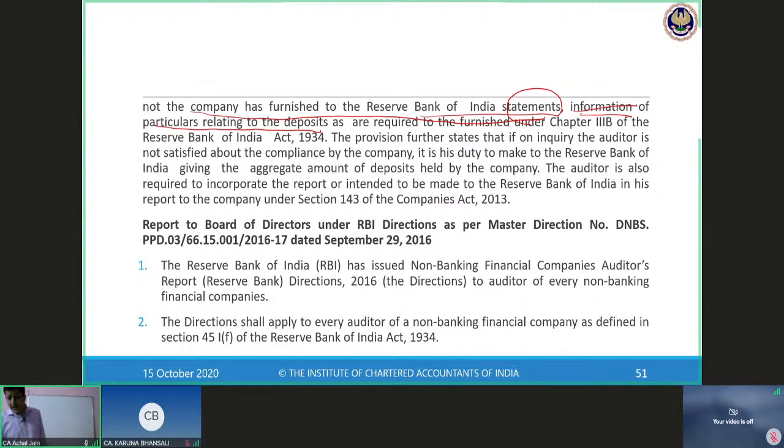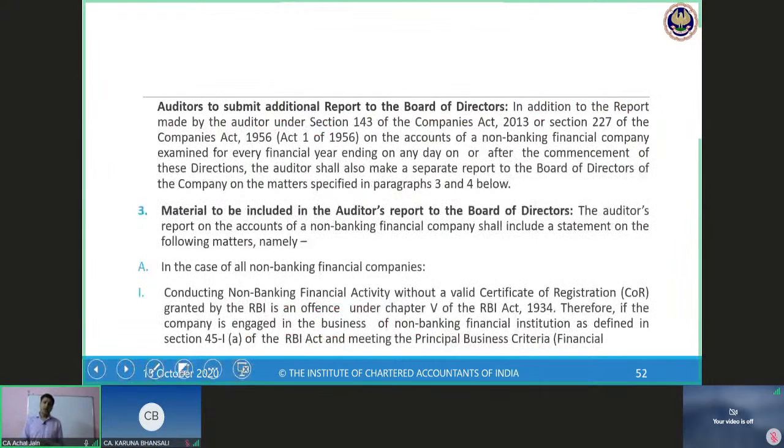The directions shall apply to every auditor. There is no threshold. Every auditor of an NBFC will have to follow these directions. That means it's very, very important for us to be aware of that and to be careful that we are following each and every regulation in case we are the auditors.